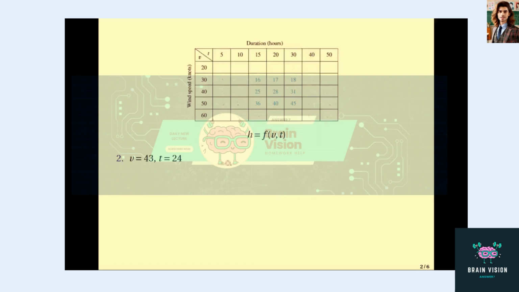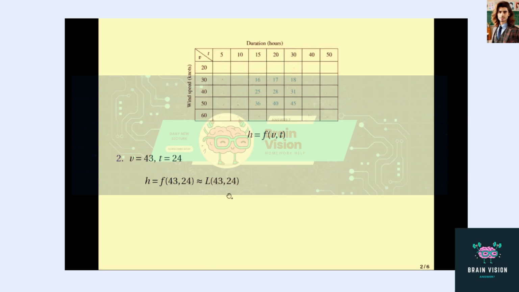For the second question, we want to find the value of h when v equals 43 and t equals 24. Looking at the table, there is no v equals 43 nor t equals 24. So we can only approximate the value of h, which is f of 43, 24, via the linearization capital L of 43, 24.